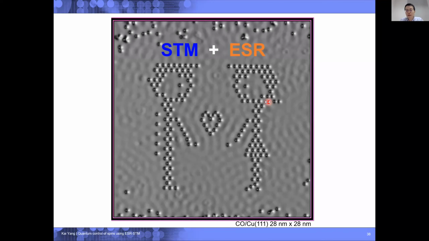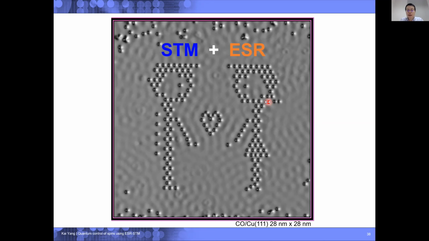We chose MgO because it is a typical tunneling barrier used in spin electronic devices, and also because MgO is very stable, for example very stable thermally.